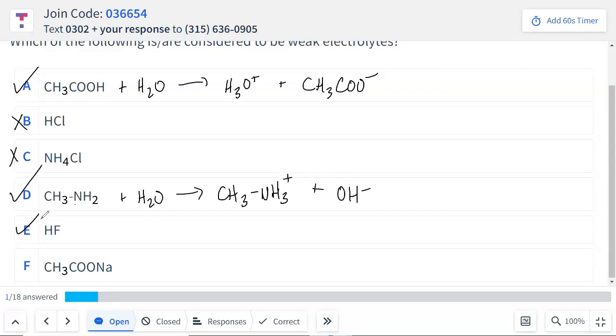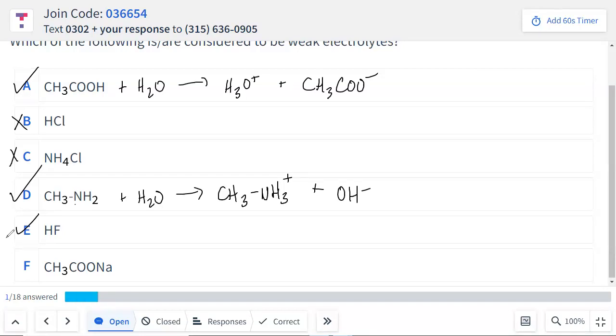All right, F, last one on the list. I got the same makeup as letter A, only I got sodium in the place of hydrogen there. Now, the hydrogen we identified as being acidic. Is sodium acidic? This is an ionic compound. This is sodium acetate.